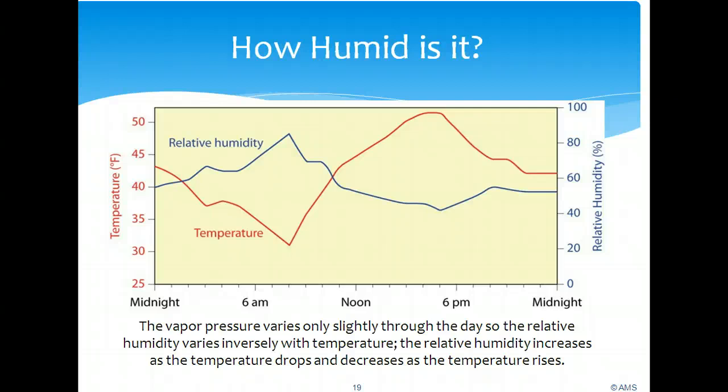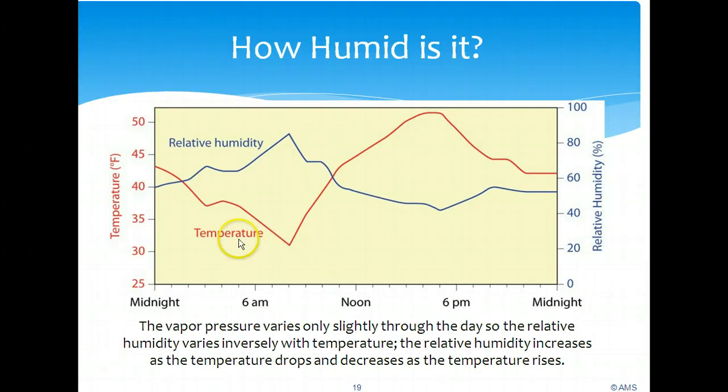If we consider a clear sky and calm air or light winds, the air temperature usually rises from a minimum near sunrise to a maximum during the early afternoon, and then falls again through the evening hours. If the amount of water in the air remains essentially constant throughout the day, then the relative humidity will vary inversely with air temperature, and that's what we see here.